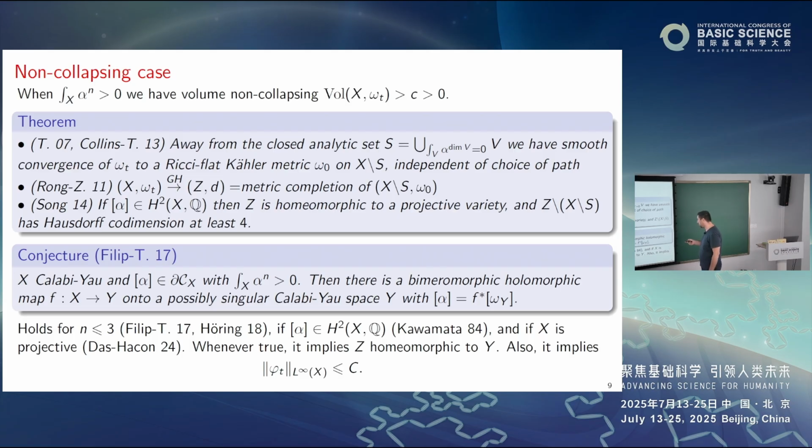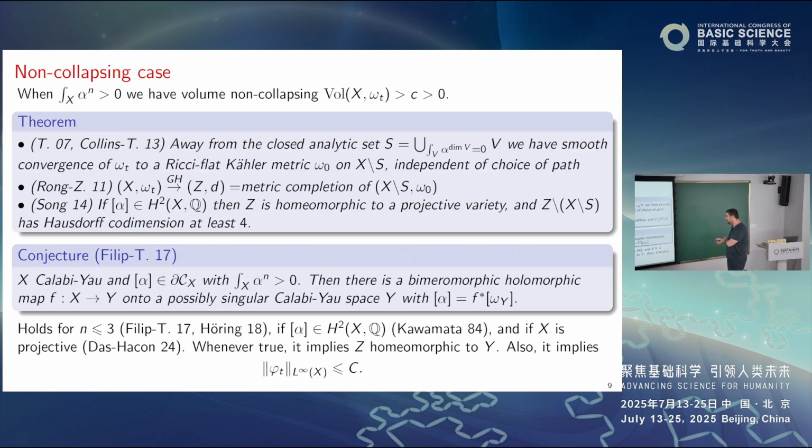So this conjecture is almost certainly correct because there are many instances where it's true. In particular, it's known in dimension up to 3. So dimension 2 was my paper with Simeon. Dimension 3, Andreas Höring. It's true if alpha is rational. This is a very classical paper of Kawamata in birational geometry.